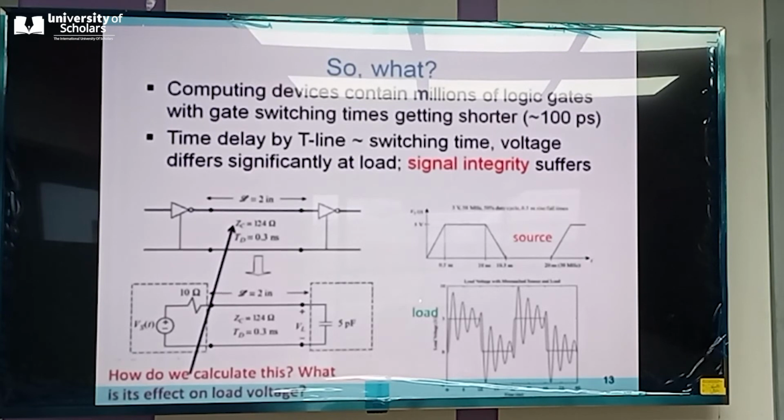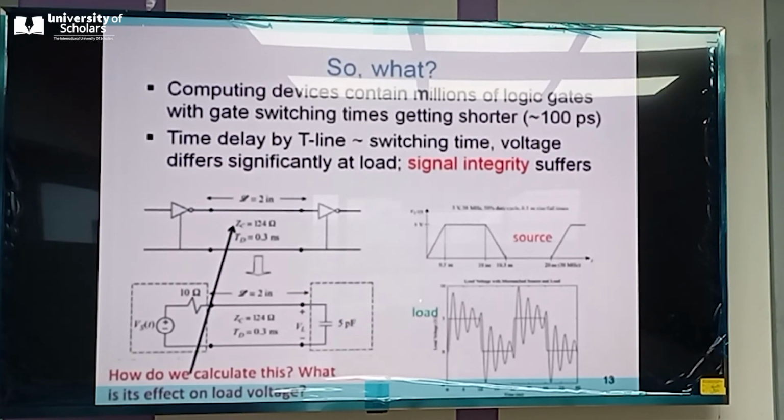The correct model of this scenario is to treat this as a logic element, and this as another logic element which is switching. However, the space between these two, which is connected by a piece of metal or a wire, is known as an interconnect, or a transmission line.